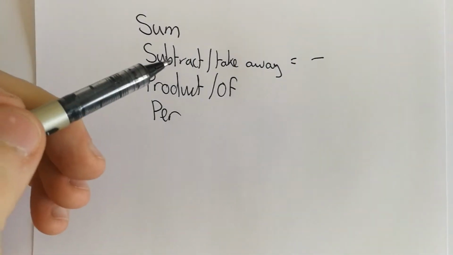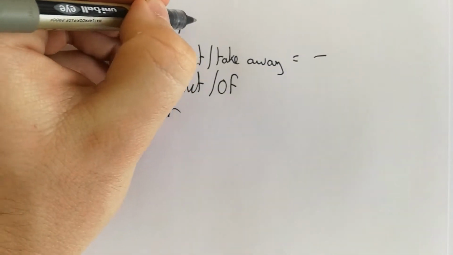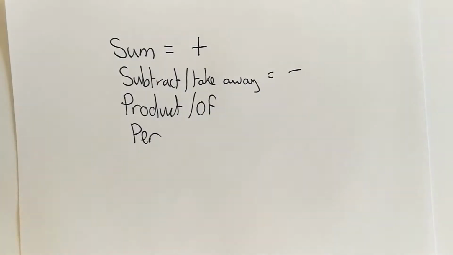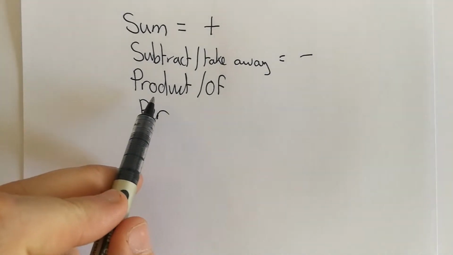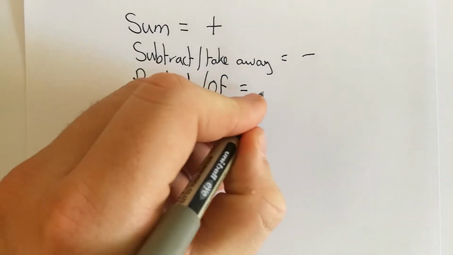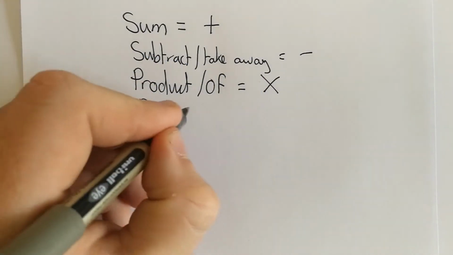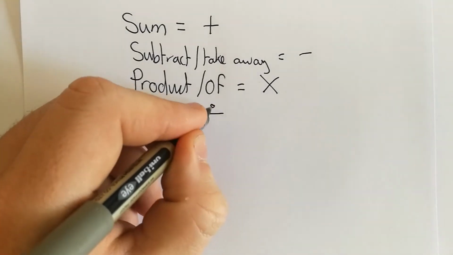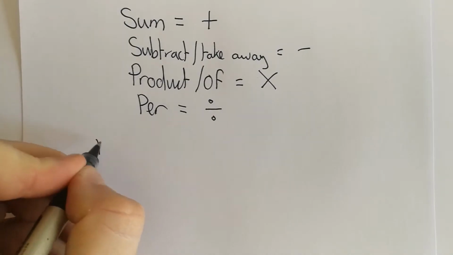So the subtract and take away are the same, and we know that means minus. But the word sum just means to add. Moving the paper there. And when we had the word product or of, that will mean times. And per means divide.